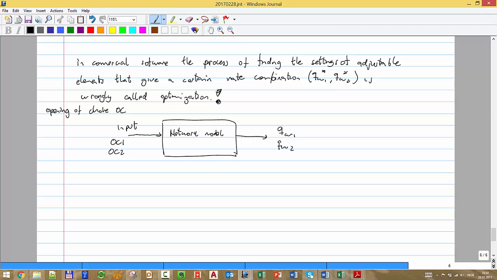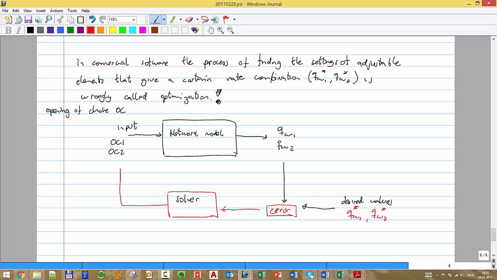When these two are 0, that means I'm fully open, so I find the equilibrium rate. When this one is 20%, I find a different value, okay? So what I put on top of it is a solver that checks, I have desired values, Q well 1 star and Q well 2 star, and an error, a difference between those values, that goes inside a Newton-Raphson, and the Newton-Raphson changes the inputs.